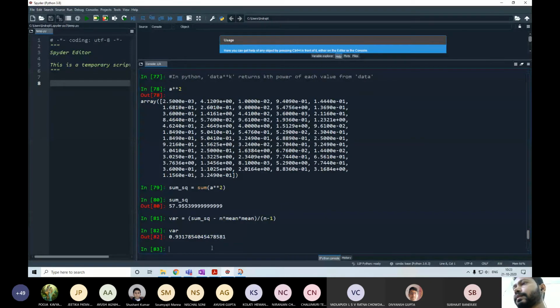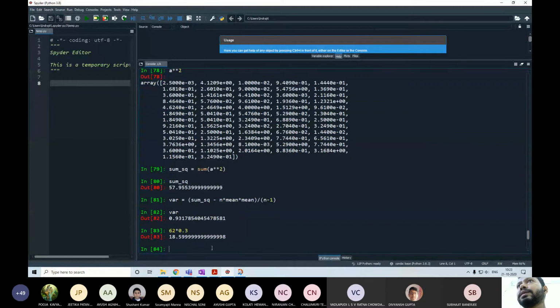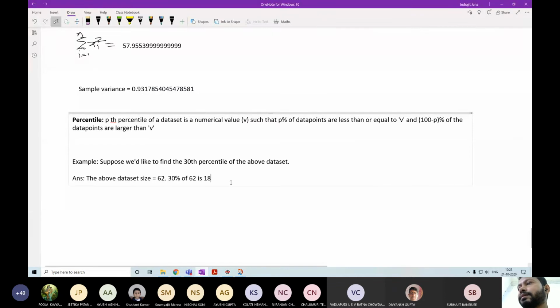That is 18.6. Essentially, what we want to do is find a value v such that now here's the trick.